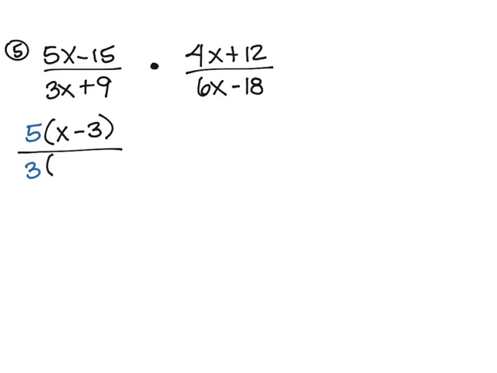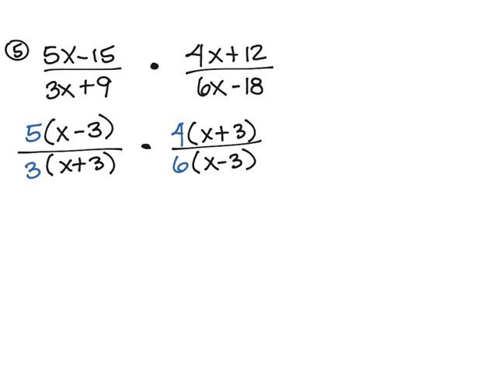Good. Take it off, what's left? X plus 3. Good. Times on the top of the second one, what's the GCF? 4. Take it off, what's left? X plus 3. Good. And on the bottom, what's the GCF? 6. Take it off. What's left? X minus 3. Very good. Do y'all see that?